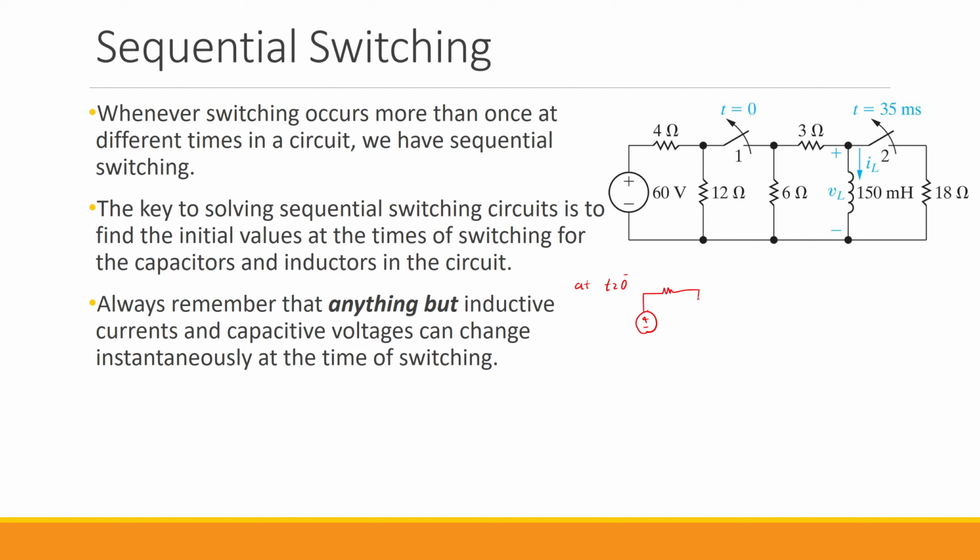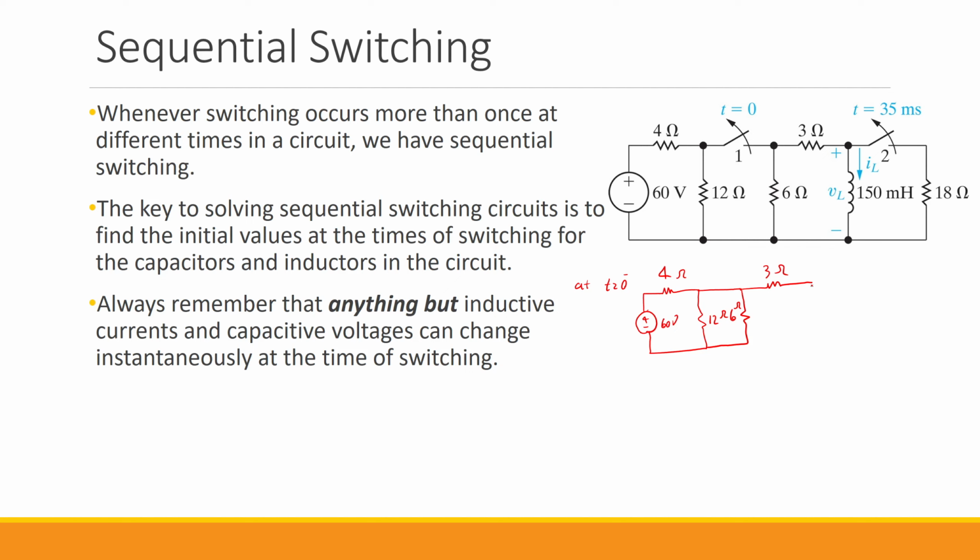We have the voltage source, the first switch in the closed position, and these resistors: this one is 4, this one is 12, this one is 6, the source is 60 volts, and this one is 3 ohm.